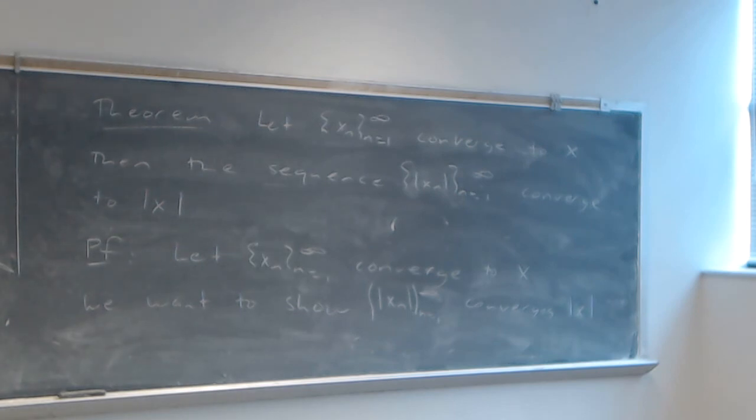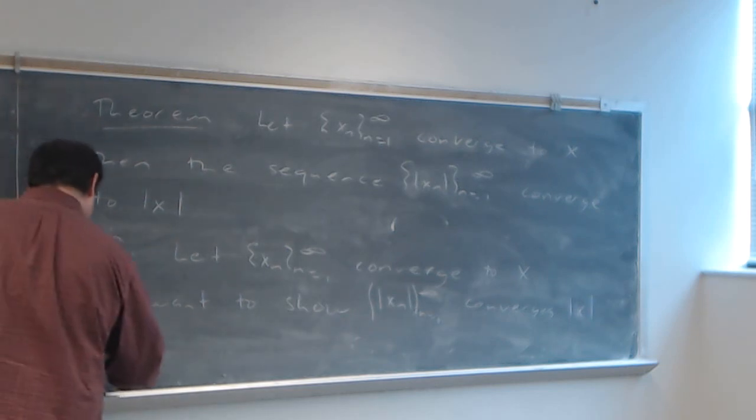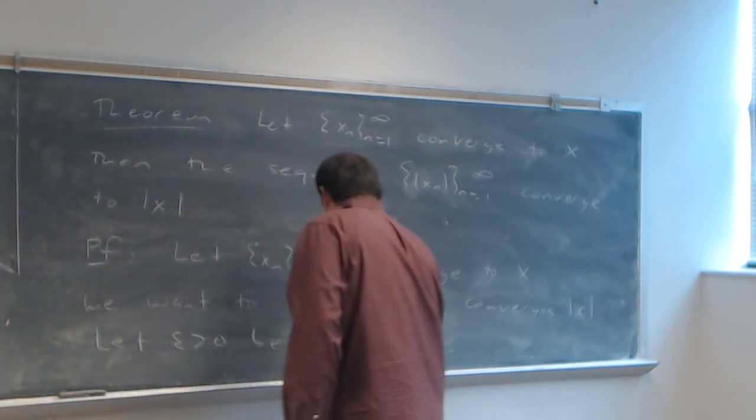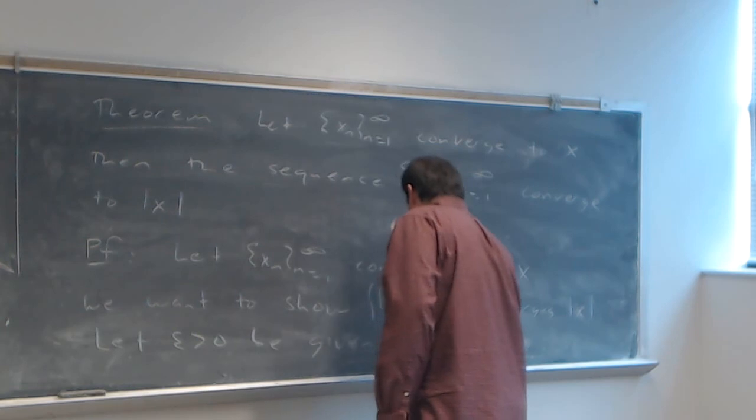So I want to show that a sequence converges. And how am I going to show a sequence converges? What's the standard setup? What's the first thing I'm going to write?